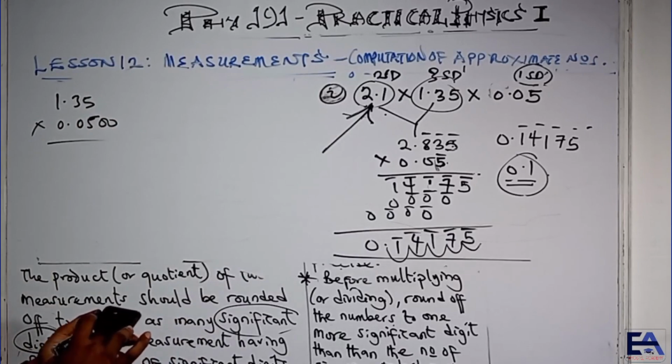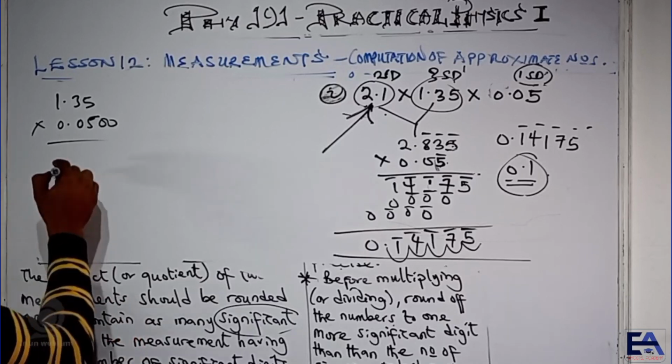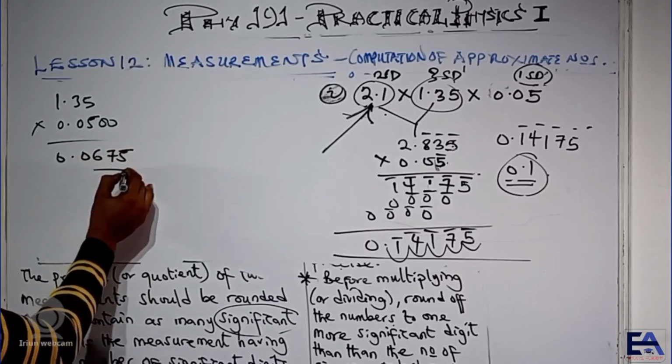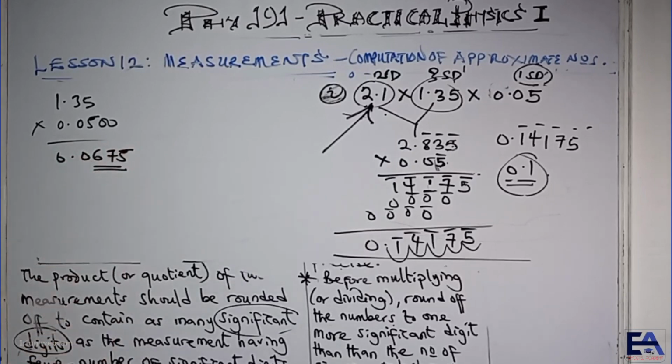So we have 0.05 multiplied by 1.35. So we have 0.0675. All right, 3 significant digits, just the answer we got earlier.